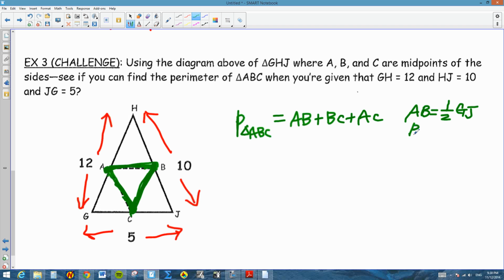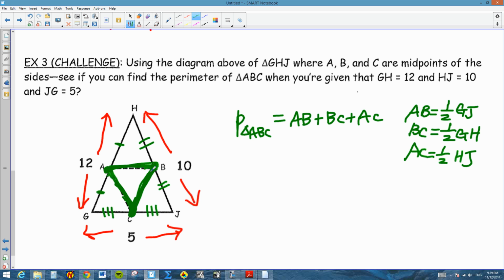And BC is also a midsegment. BC is half of GH. And AC is also a midsegment, equal to half of HJ. Since we are given midpoints, this is equal to that, half, and this is cut in half by C.